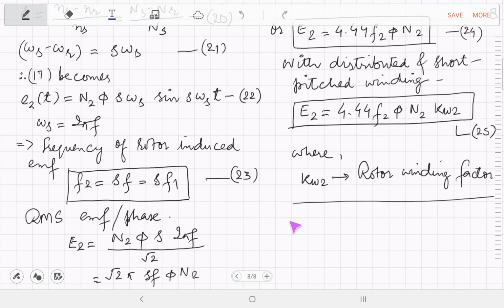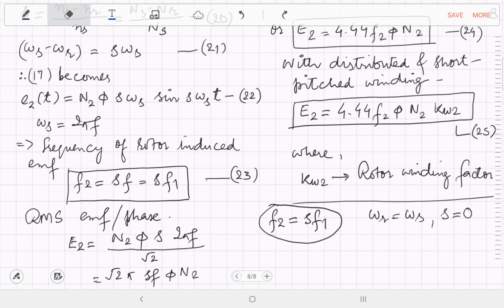Now we have seen that the frequency of the rotor induced EMF is equal to S into the frequency of the stator EMF, and therefore we see that if the rotor rotates at the speed of the rotating magnetic field, that is omega R is equal to omega S, then the slip S will be equal to 0. The EMF induced in the rotor windings, because this is S into F1, will be equal to 0, and the frequency obviously has no meaning.